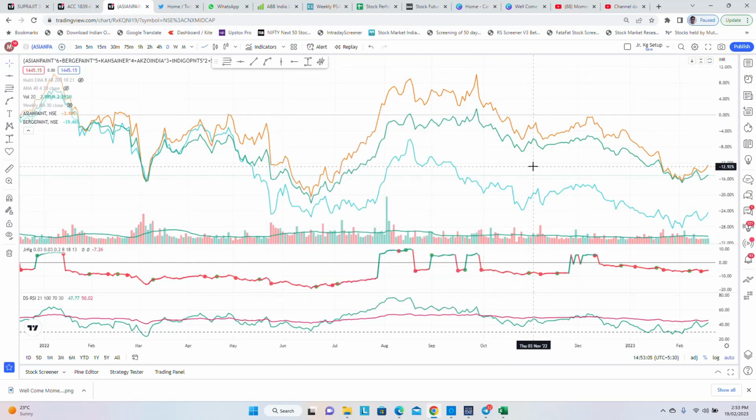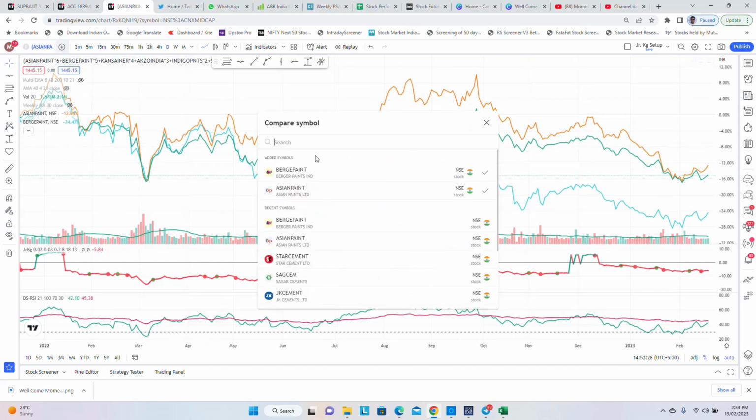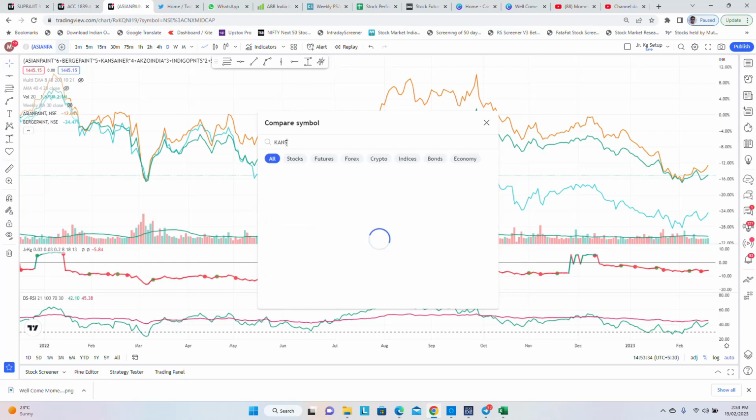Compared to the paint index plus Asian Paints, Berger Paints, even though it is a very good stock, is underperforming. It is on the very lowest side. Like that, you can keep going and add more stocks here. Say a third stock, Kansai Nerolac.